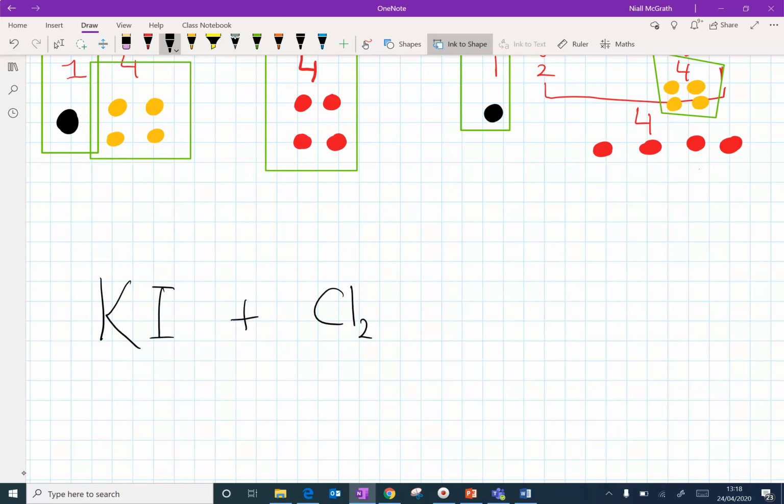You don't really ever see just a Cl by itself in most situations. Those that go on to do Leaving Cert chemistry, you'll see variations of that. And then our products are KCl plus I2, which is iodine.